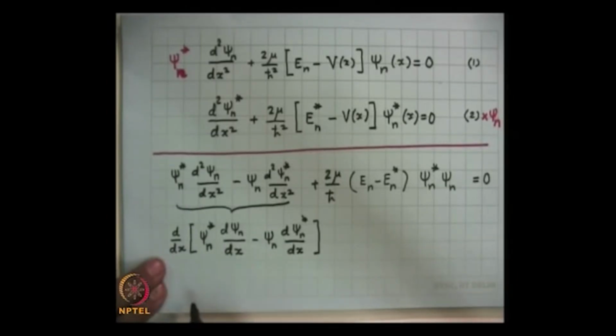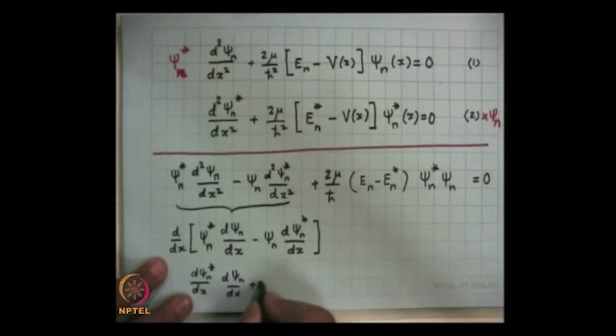Straightforward differentiation gives, the first term will be d psi n star dx d psi n by dx, and then the second term will be psi n star d2 psi n by dx square.